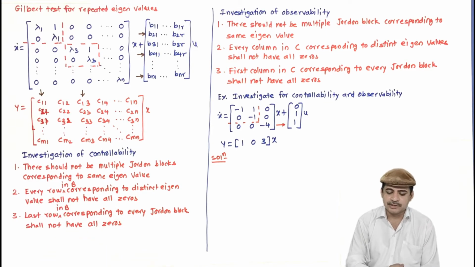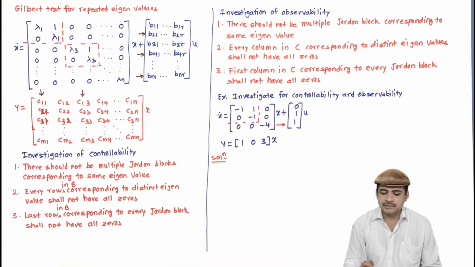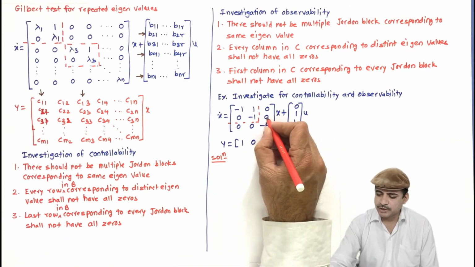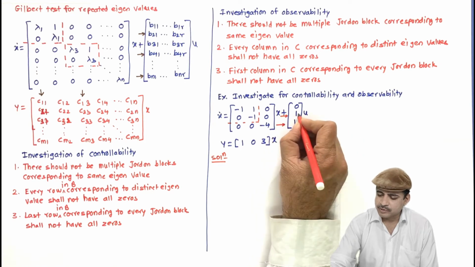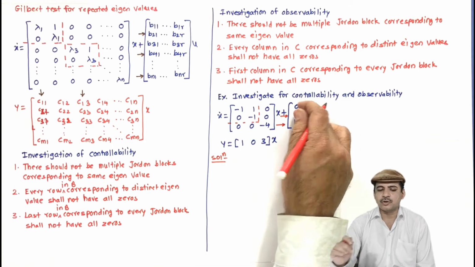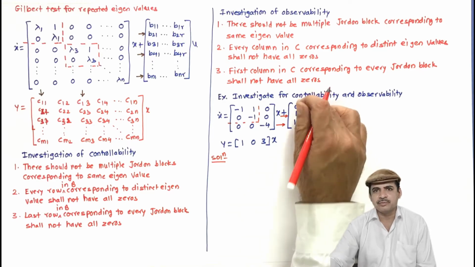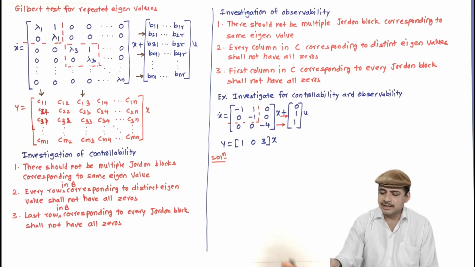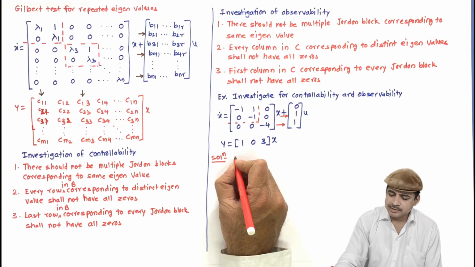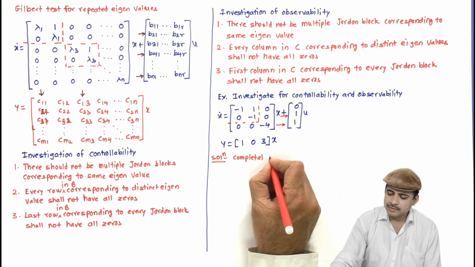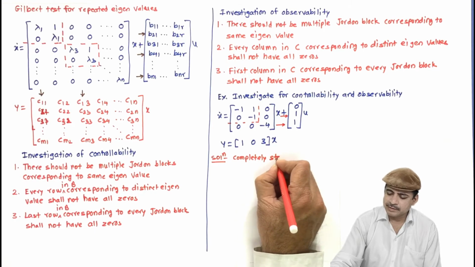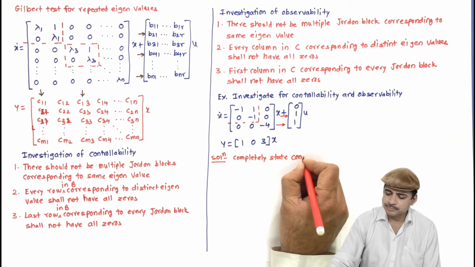And now about the third condition. So this is the Jordan block and the last row corresponding to this Jordan block in matrix B is this one, the second row, and it has non-zero elements. So even though this is 0, it makes no difference. And hence the system is completely state controllable.